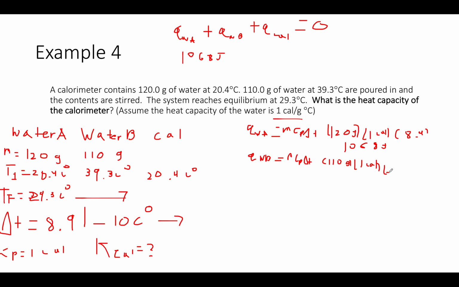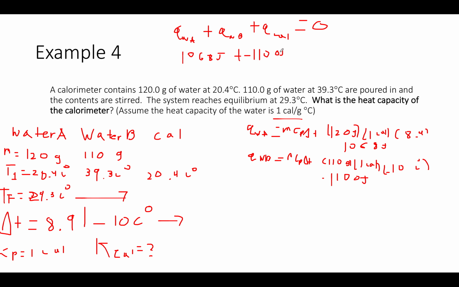The change in temperature, -10 degrees Celsius. Heat of the water B, -1,100 joules. So that is the heat of water B.